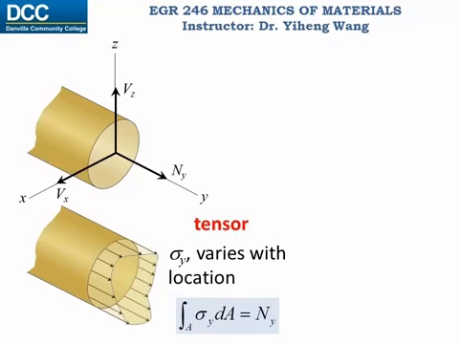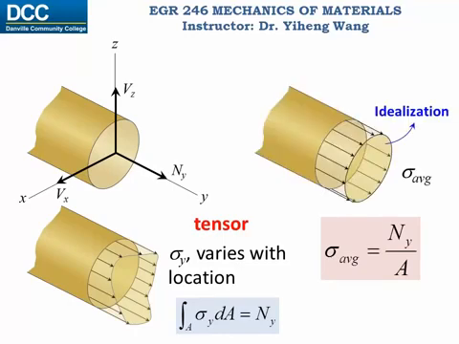Instead, an approximation using the average normal stress is generally sufficient. The average normal stress is simply defined as the total normal force over the total cross-sectional area. This corresponds to an idealized uniform distribution of the normal stress over this cross-section. This means that we assume the normal stress is the same everywhere on this cross-section.